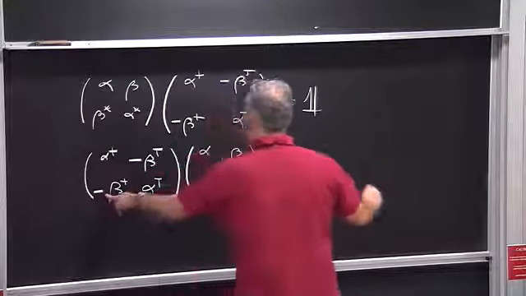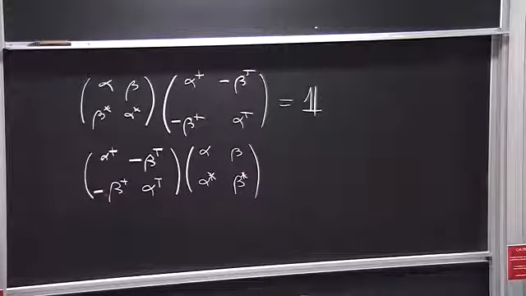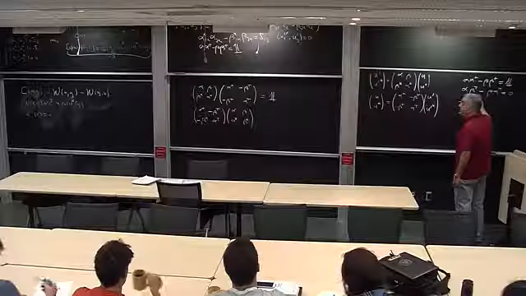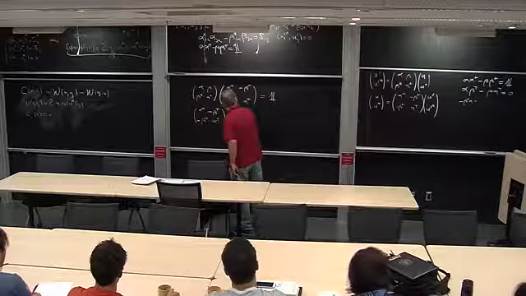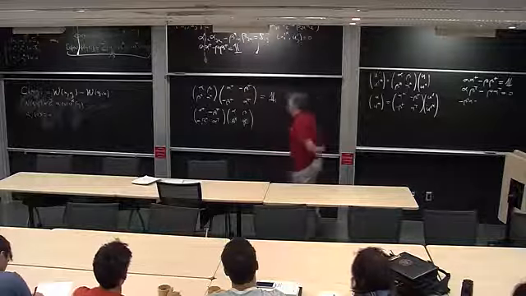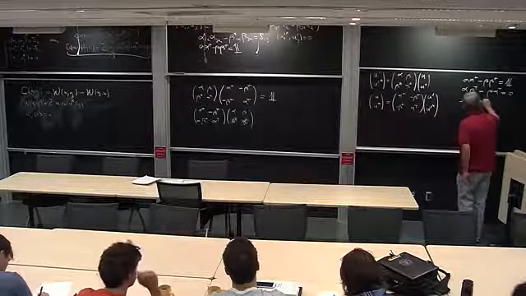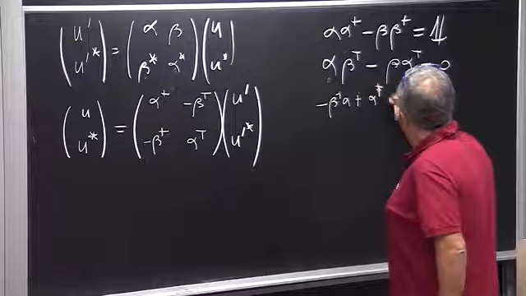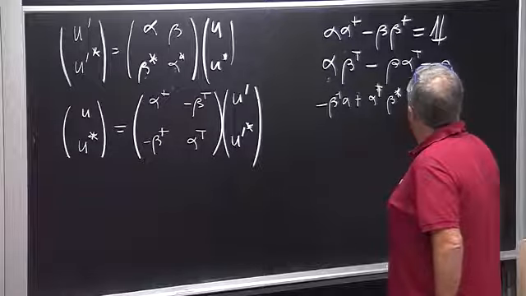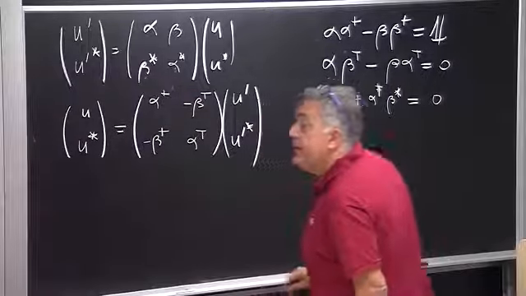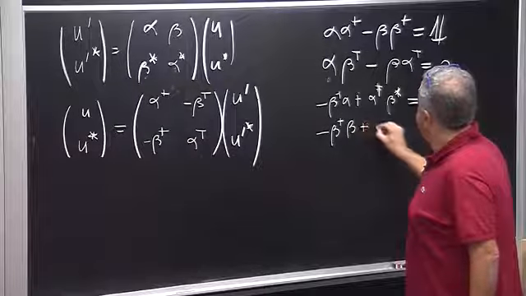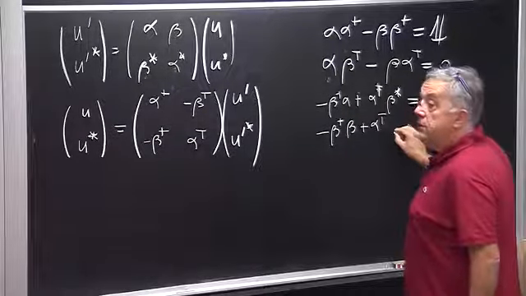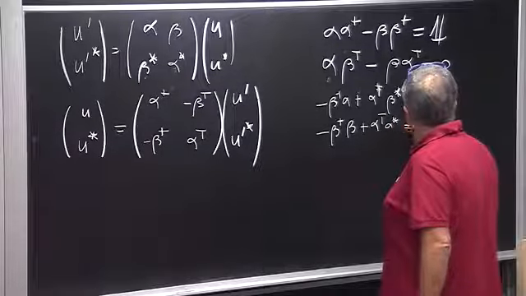Minus beta dagger alpha plus alpha transposed beta star equal 0 and minus beta dagger beta plus alpha transposed alpha star equal 1.